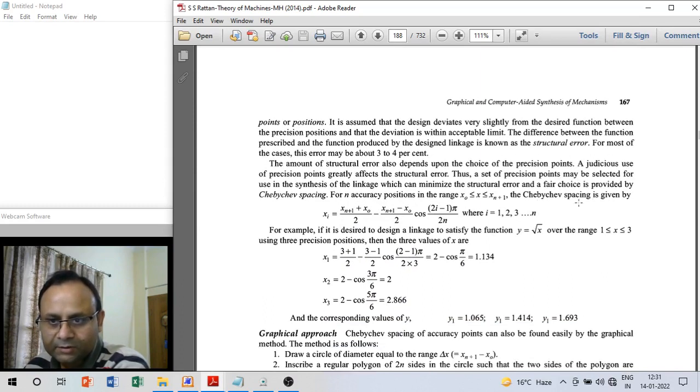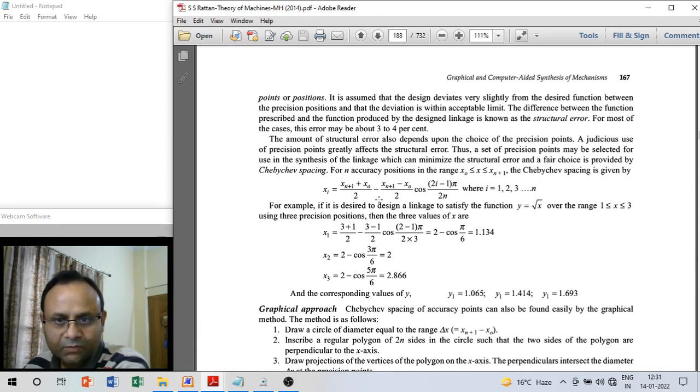So here you see, if you want n accuracy points in the range, say for function generation between x0 and xn plus 1, okay, between these limits, let us say you want n accuracy points, then based on Chebyshev spacing, how do you get those points?